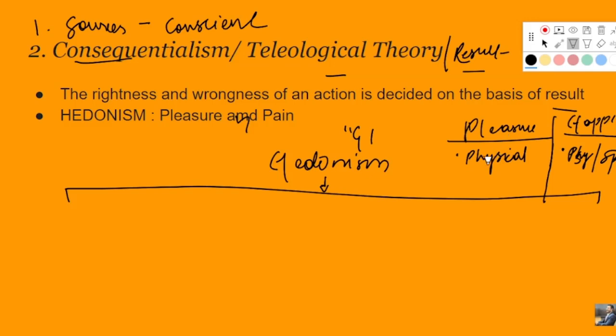Pleasure is very limited. Limited to what? Limited to only physical aspects. But happiness is eternal. Happiness is never ending. So pleasure is gross. It is only limited to the bodily aspects, the gross, the mass.